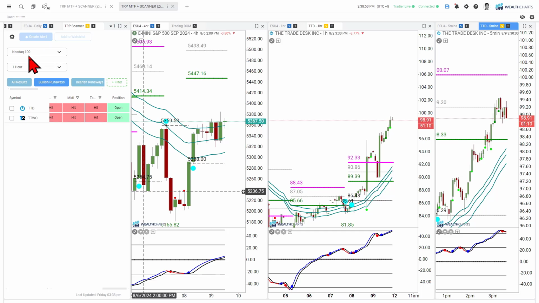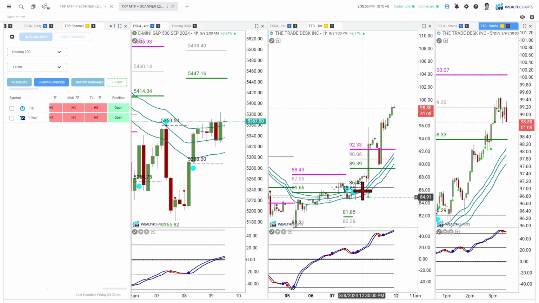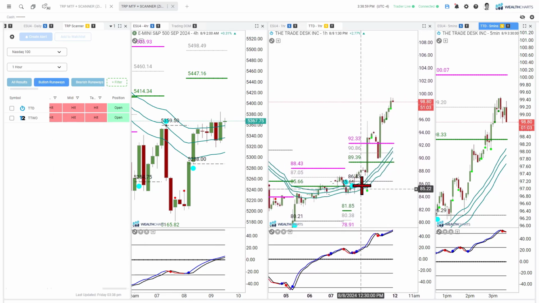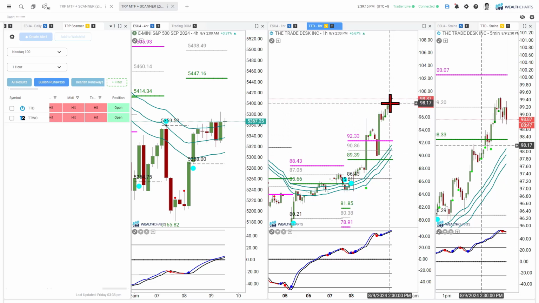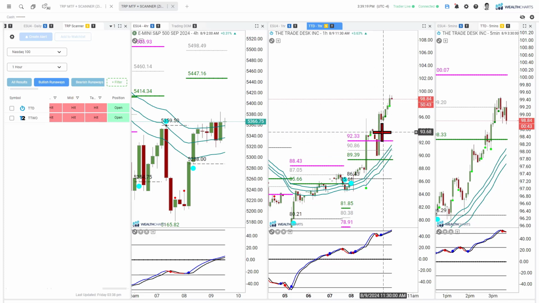So I've scanned the NASDAQ 100 on an hourly basis, and I've also done it on a smaller time frame basis to confirm whether or not the TTD stock, which has been in a runaway move above its target 2, going today from underneath, actually being down over here in the $90 range, all the way up towards that $99 range.